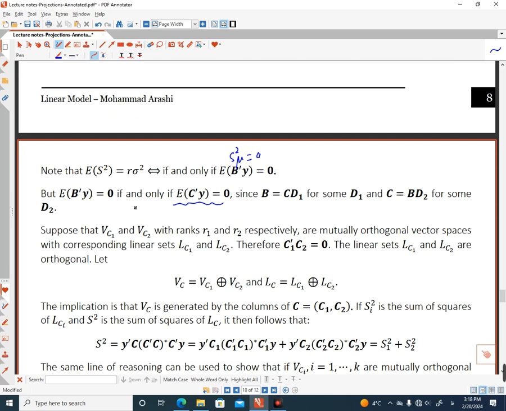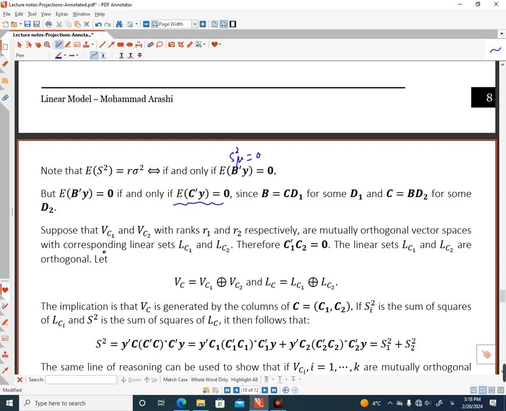Now suppose VC1 and VC2 are two vector spaces generated by the columns of C1 and the columns of C2, with ranks R1 and R2 respectively, but more importantly, mutually orthogonal vector spaces.